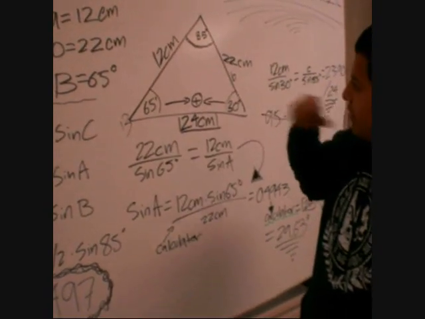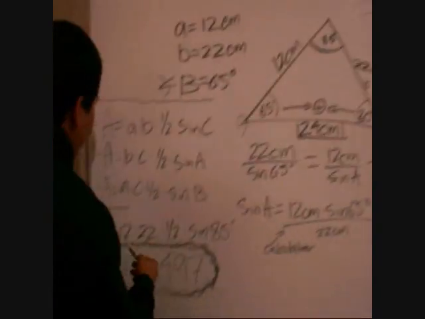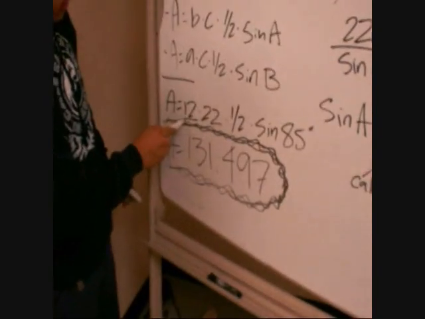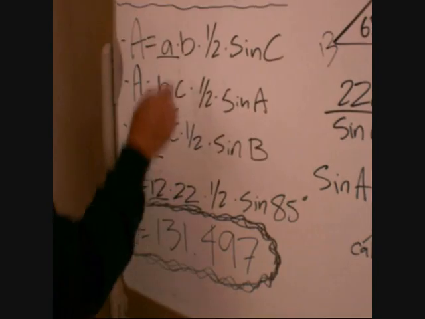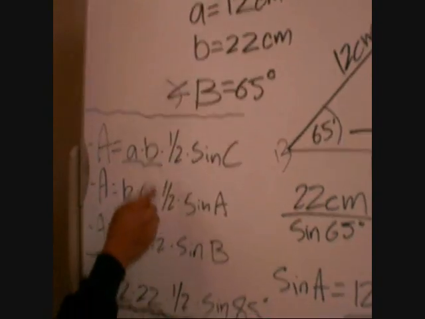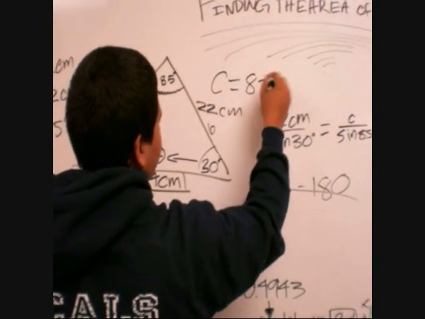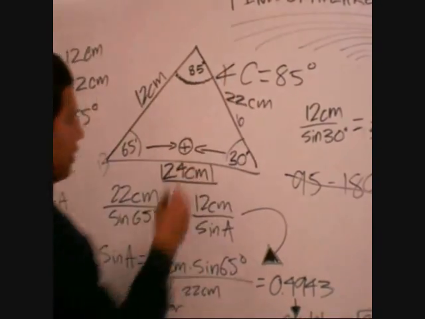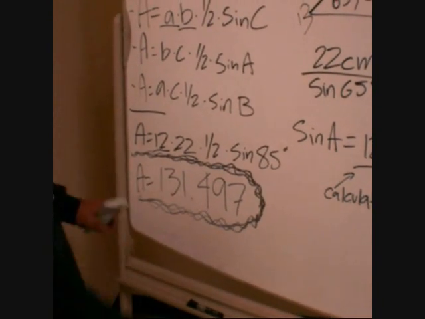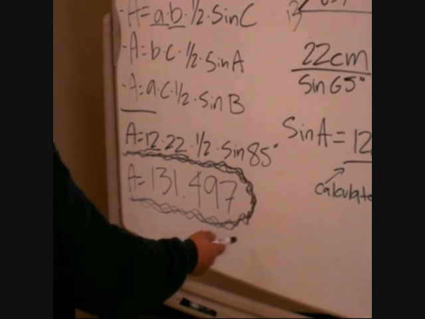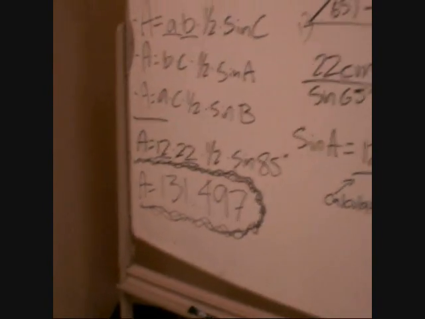So once you get right here, you plug in everything as I did here: 12 centimeters for A, 22 centimeters for B, and since C is equal to 85 degrees, you plug it in right there. Once you do everything in your calculator, your answer should be 131.497 for your area. And that was the first problem.